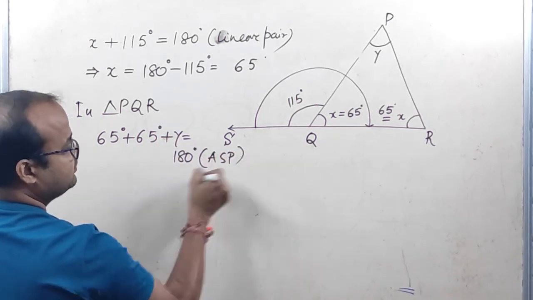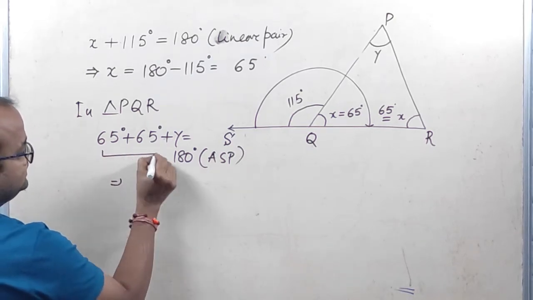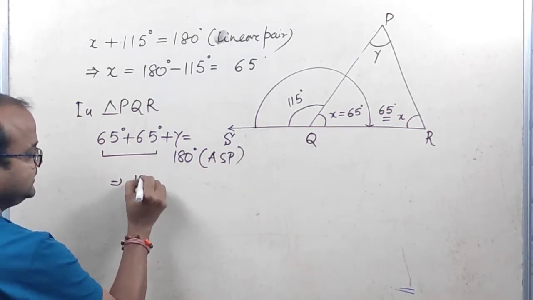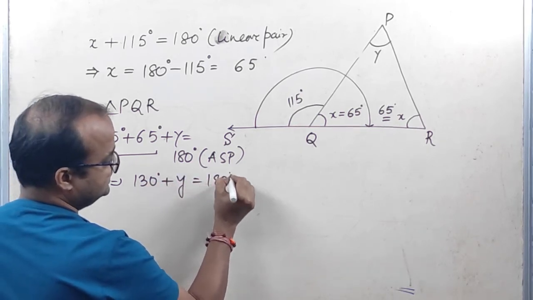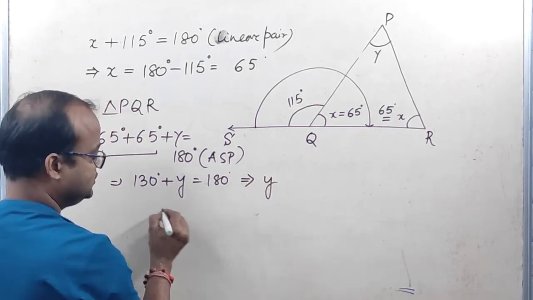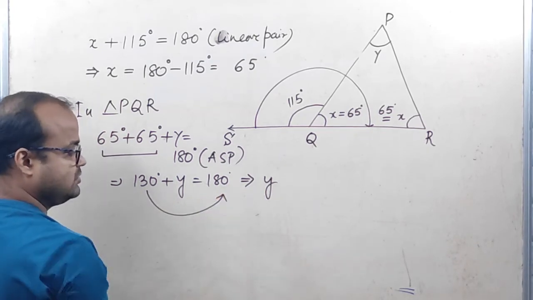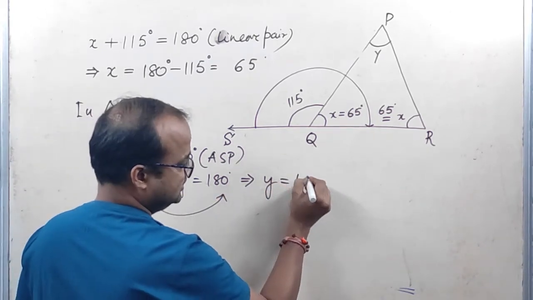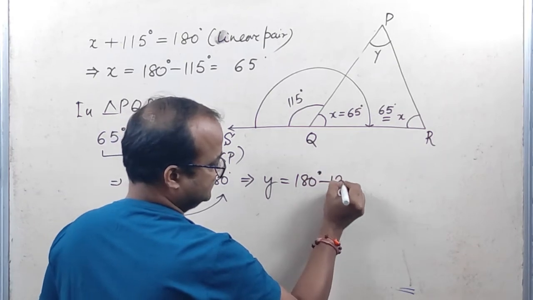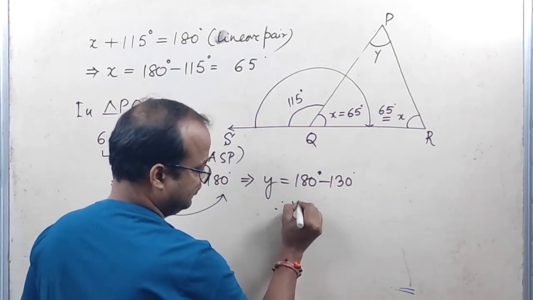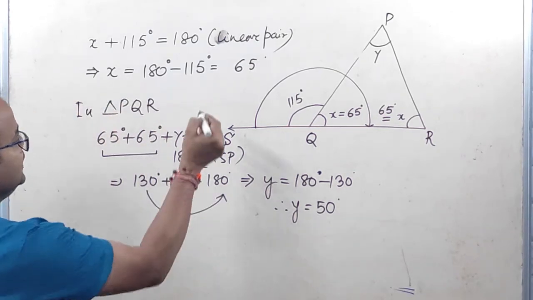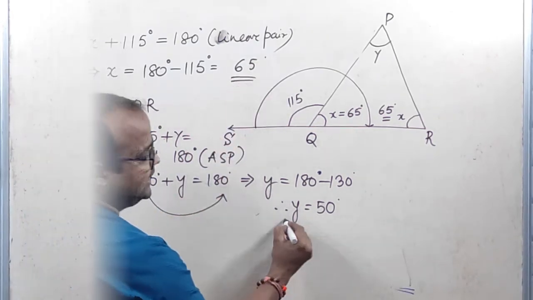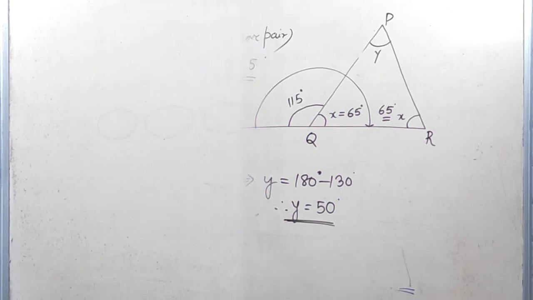Reason is angle sum property. 65 plus 65 is 130 degrees, plus y equals 180. It implies y equals, we shift this 130 to the other side, 180 minus 130. Therefore y equals 50 degrees. So x equals 65 and y equals 50 degrees.